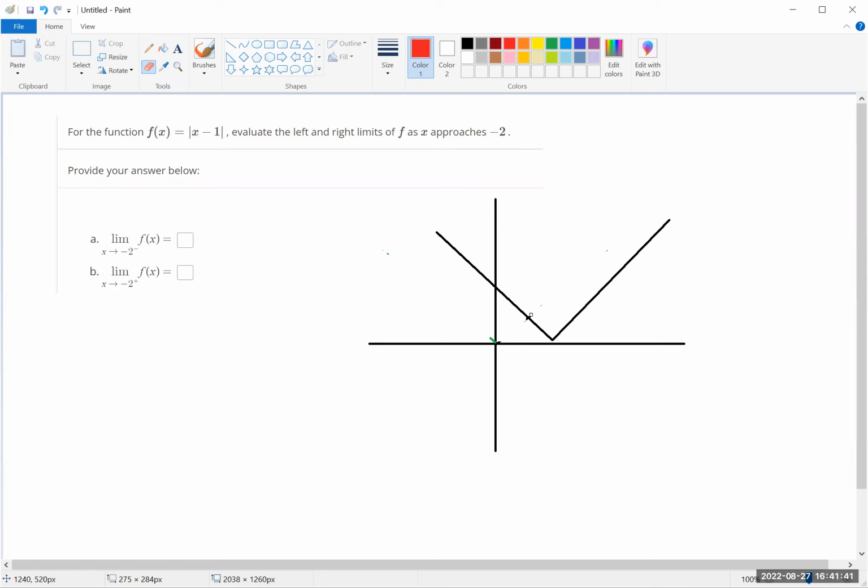Now it's piecewise. The domain doesn't run all the way, but basically this is a function y is equal to -1 times x minus 1.